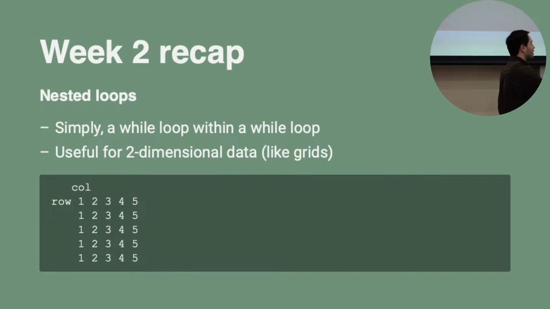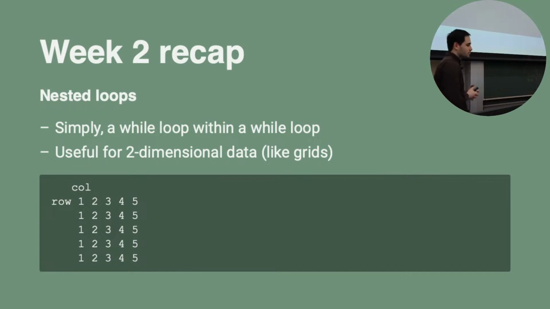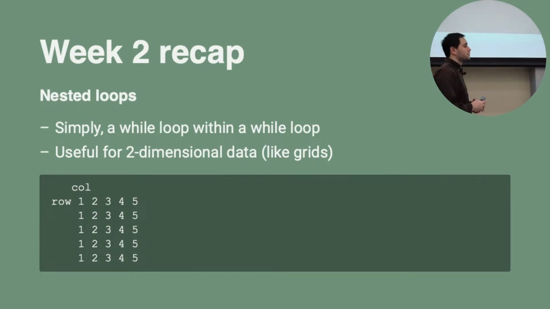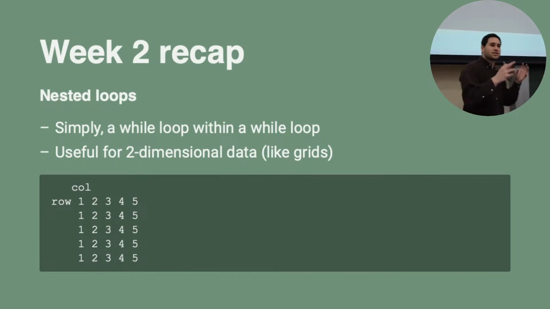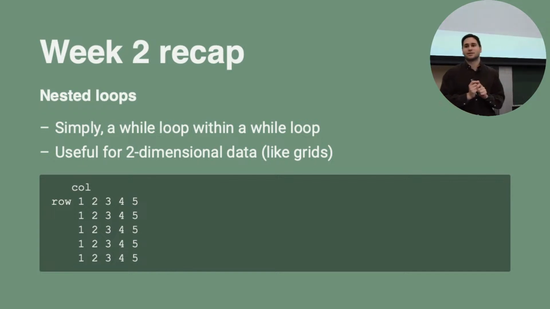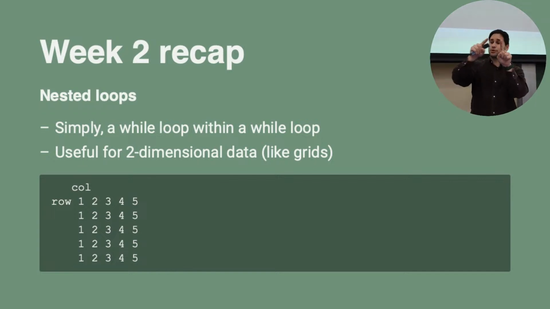The other way to think of it is by rows and columns. And therefore, two-dimensional data structures like grids or matrices are really well served by 2D arrays, because you want to iterate through the first row and then repeat that for each row, for the number of rows that you have.